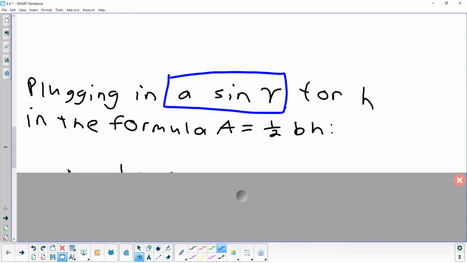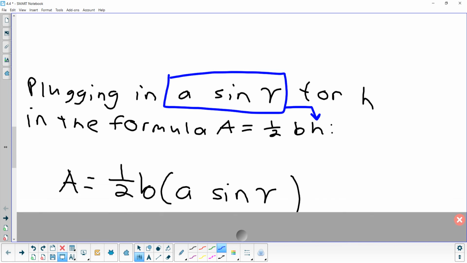So this, just draw it again, is going to go right there. So we have 1/2 B, that part's not changing, but we're going to change H to what we just calculated H is, using right triangle trig, A sine gamma.